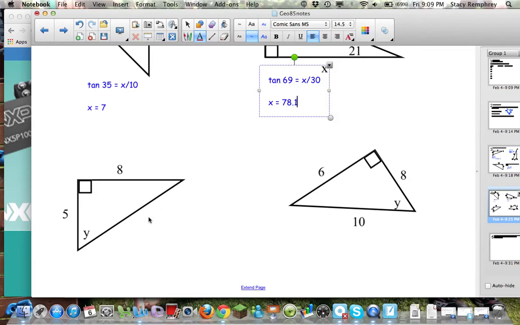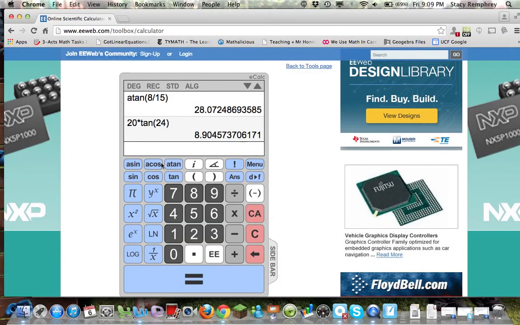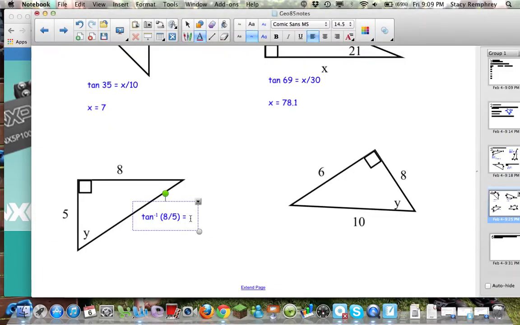In this one, I'm finding an angle, so I'm not going to use tangent, I'm going to use the inverse tangent. Opposite the y is 8. And when I type that in, we'll call that 58 degrees. So the missing angle here would be 58 degrees.